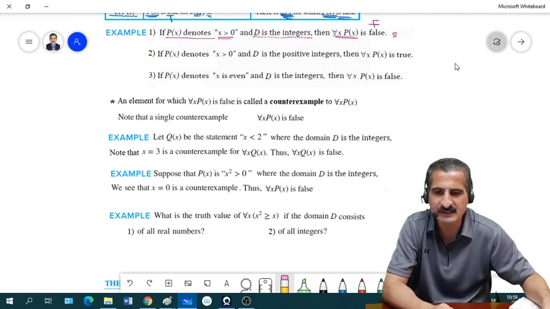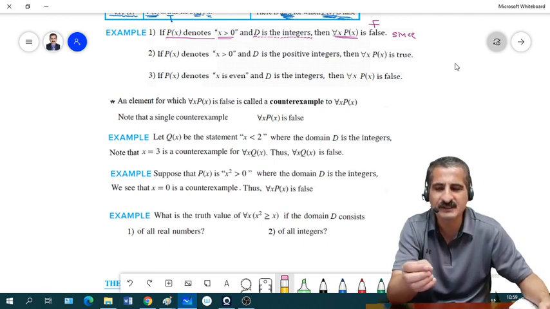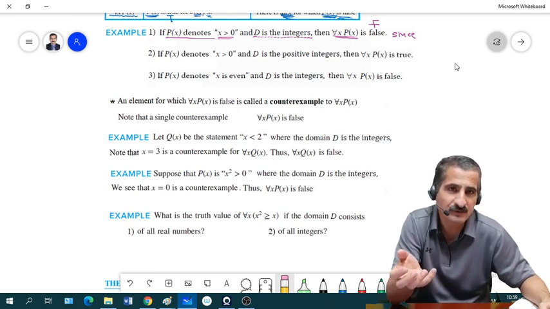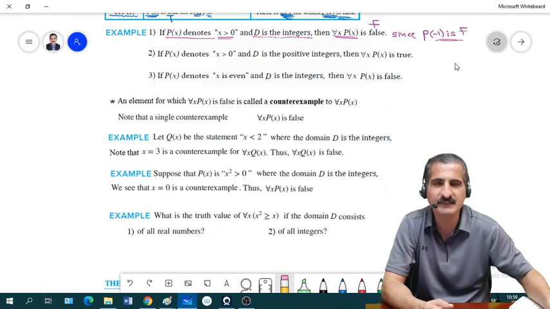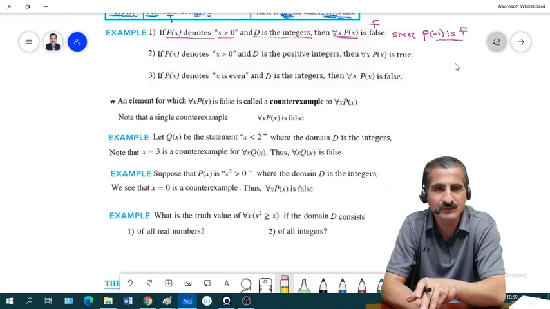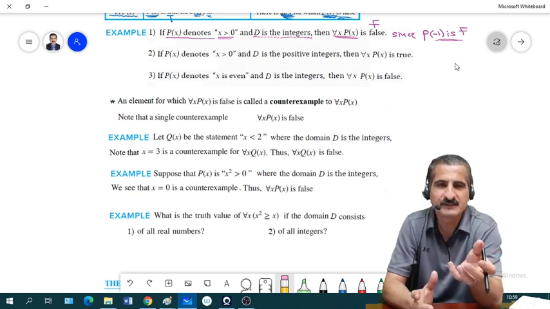Why? Since this statement, for every x, p of x, says that for every integer x, x is greater than 0. And this is wrong because p of -1, for example, is false. So there is some element which makes p of x false. So saying for every x, p of x is a false statement.